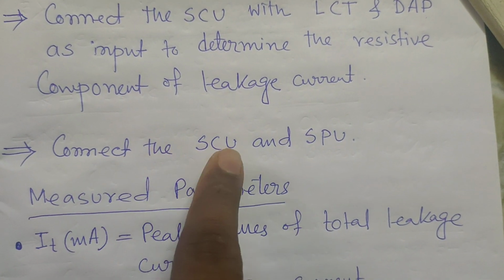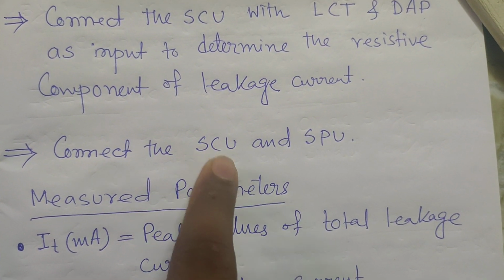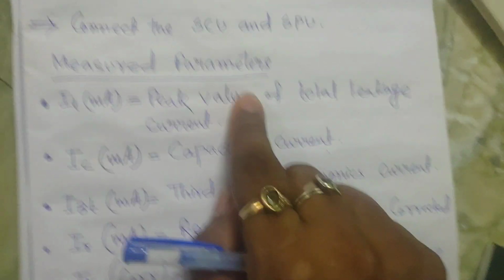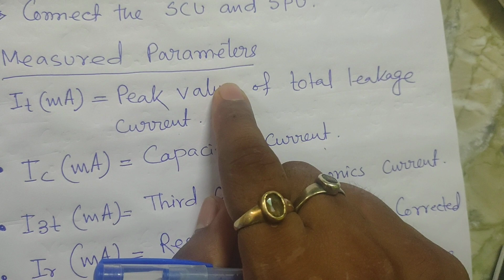So connect the SCU and SPU. Then the measured parameters. Which parameters do you have to measure?